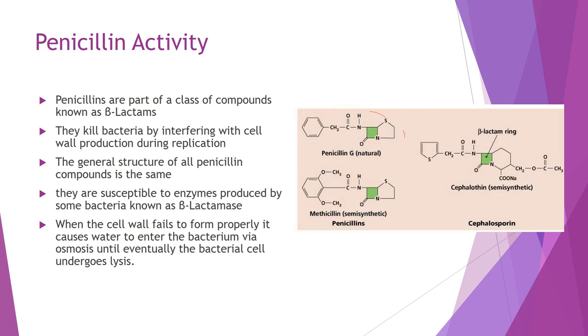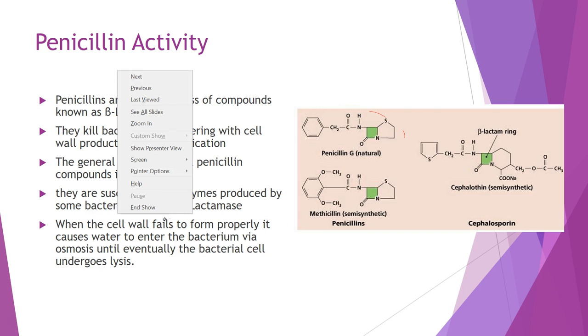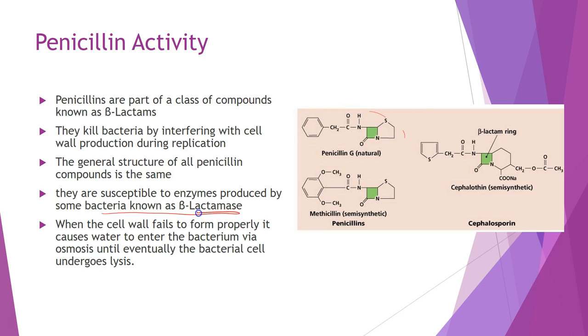So they're different forms. You will notice though that the general structure containing the beta-lactam ring is consistent across all penicillins. Okay, so they are susceptible to enzymes produced by bacteria known as beta-lactamase, and this enzyme breaks down this ring, which stops the penicillins from working.